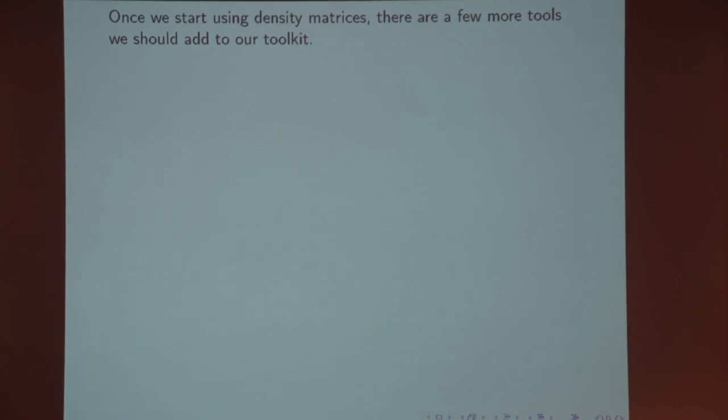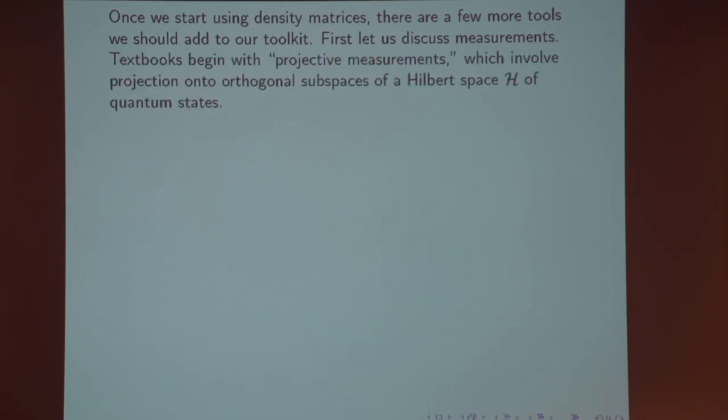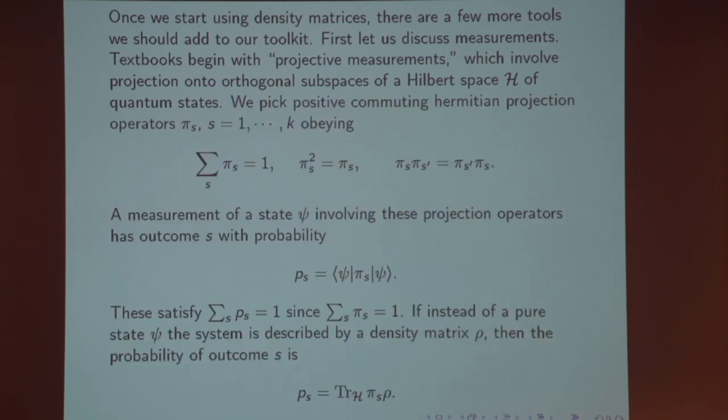Once we start using density matrices, there are a few more tools we should add to our toolkit. So first, let's discuss measurements. Textbooks begin with projective measurements, where you project onto orthogonal subspaces of a Hilbert space of quantum states. So you pick positive commuting Hermitian projection operators, pi sub s. They add up to 1.